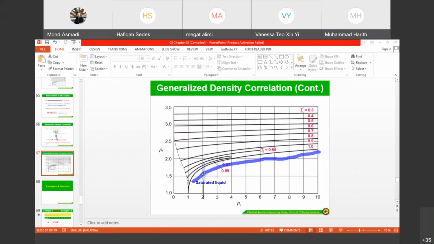So we cannot do the interpolation. We don't know the value except for TR1.